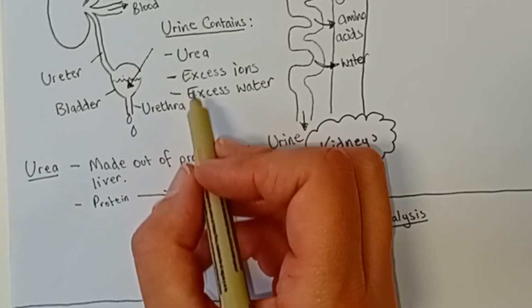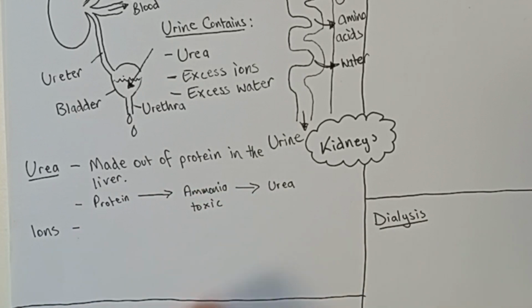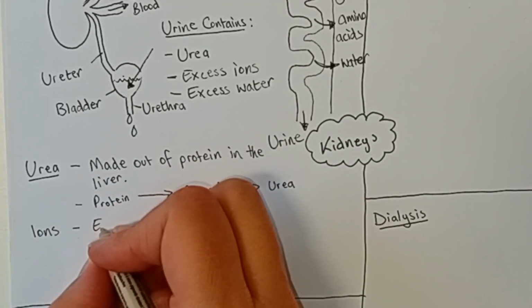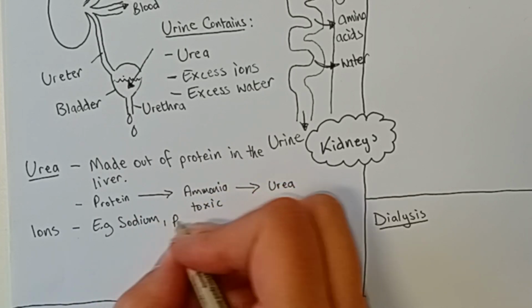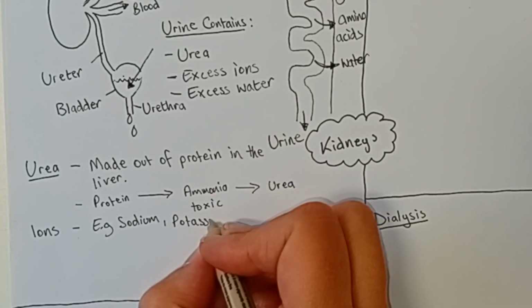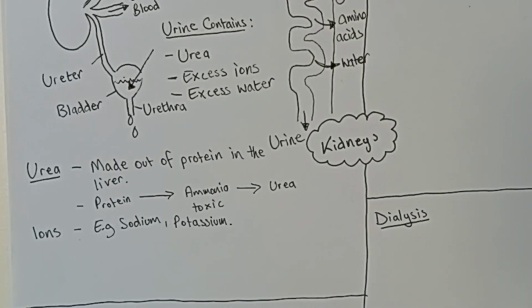Another thing that the urine contains is excess ions. So ions, for example, sodium and potassium. If you have too many of them, they cause osmosis, so they cause water to move in funny ways, so they can burst cells or crenate, shrivel cells up.